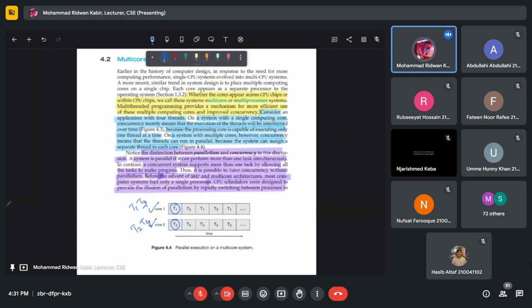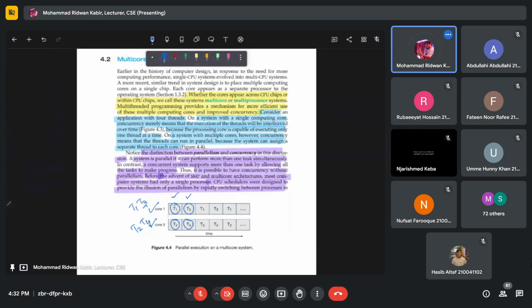Again, if you have a scheduling algorithm which assigns particular time slots to your processes, then after the first time slot, in the second time slot, the other process or the same process may get the CPU. Let's say in this case, the other process gets the CPU. So in core 1, T3 will get the CPU, and in core 2, T4 will get the CPU.